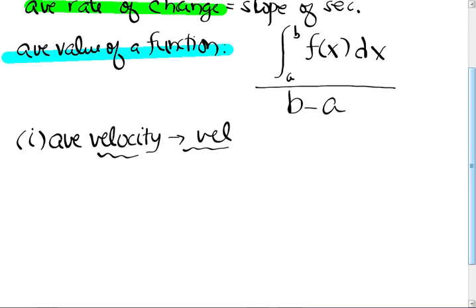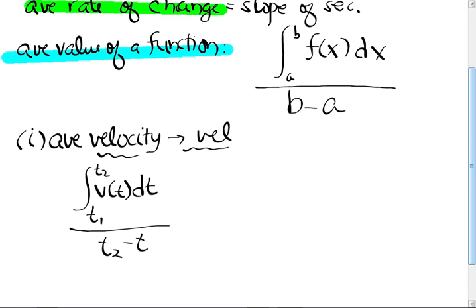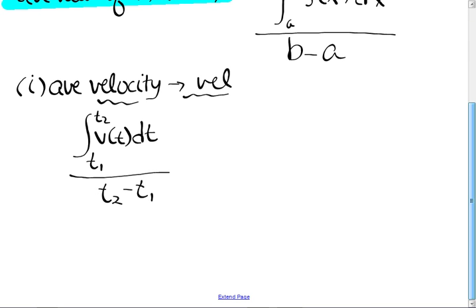You want a little quick way to do it. We integrate our velocities, T1 to T2, and divide by the width of the interval. What is the antiderivative of the velocity? In this case, it's the displacement from T1 to T2.